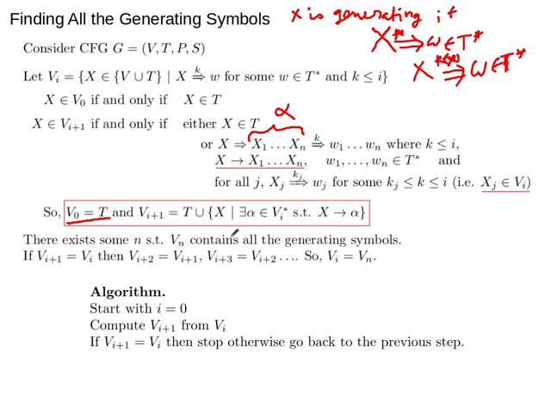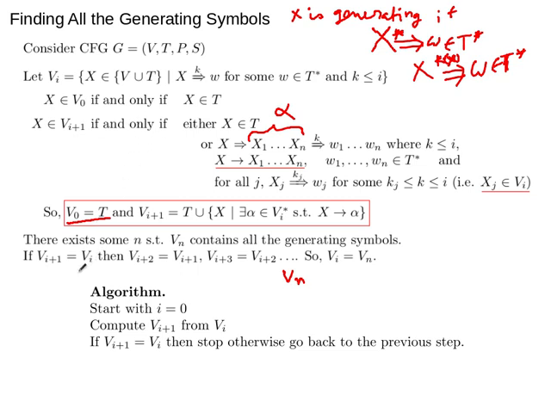So however large this n is, at some point it will hit this Vn, but that Vn is this Vi, right? As soon as, starting from V1, you try to discover some new generating symbols, you discover some, then again you try to discover some new generating symbols, you discover some.